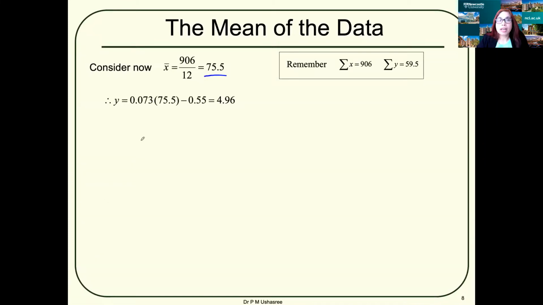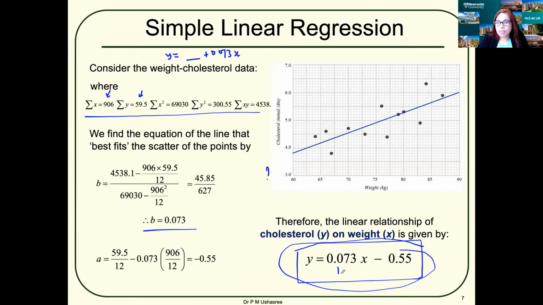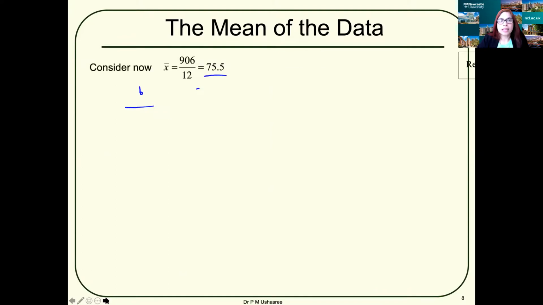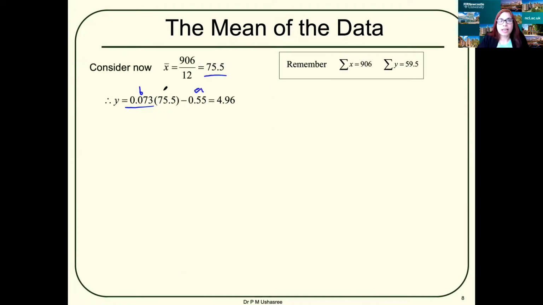So you get your x bar and you substitute the x bar, the A value, this is your B, that is your Bx minus A. So that's your A, and that is your x bar. And when you substitute these values, you get, what is this? That is nothing but y bar. So 59.5 divided by 12 gives you 4.96.